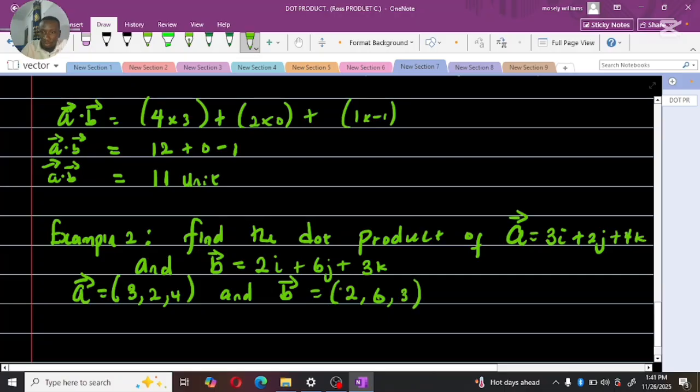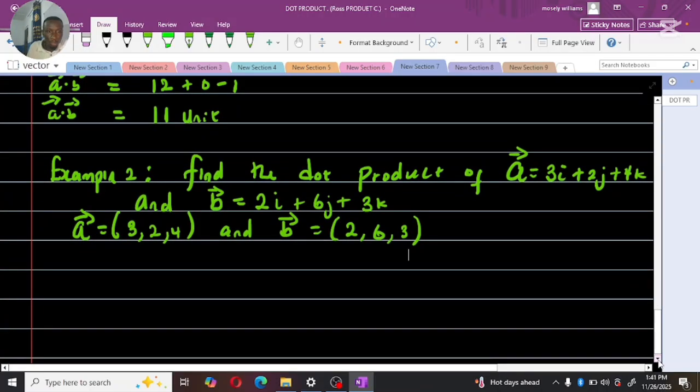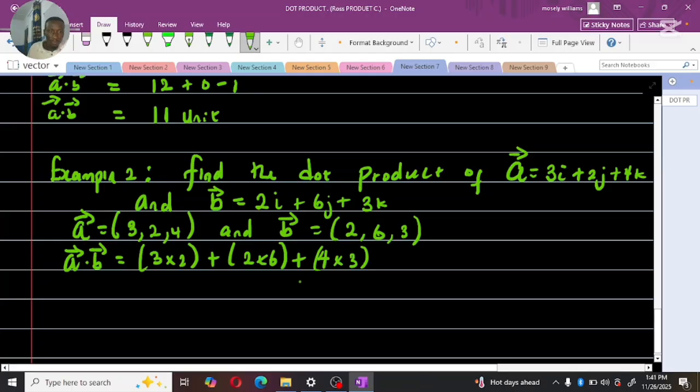To find their dot product, you know what to do. You multiply them component wise and add them. So A dot B is equal to 3 times 2 plus 2 times 6 plus 4 times 3. As simple as that.